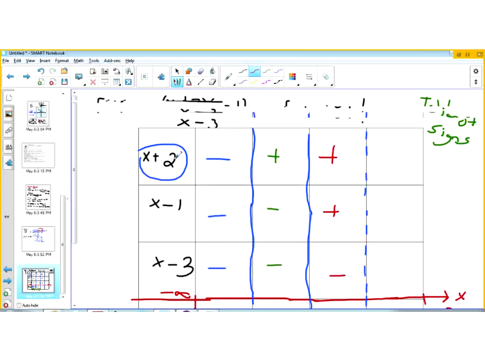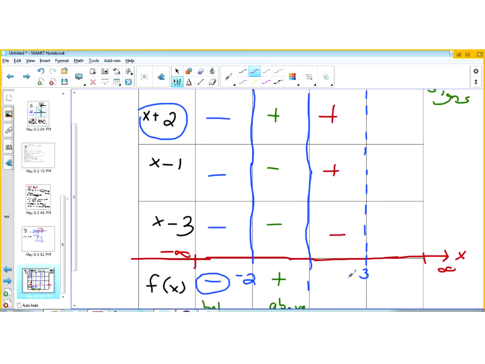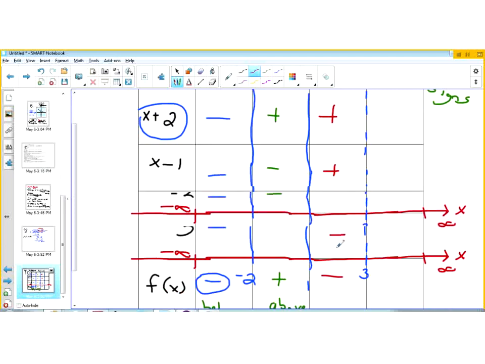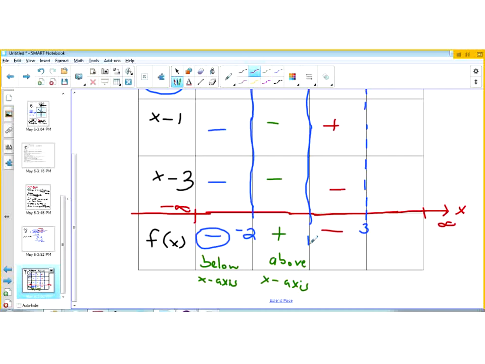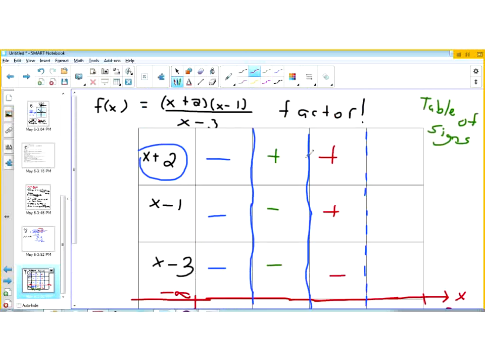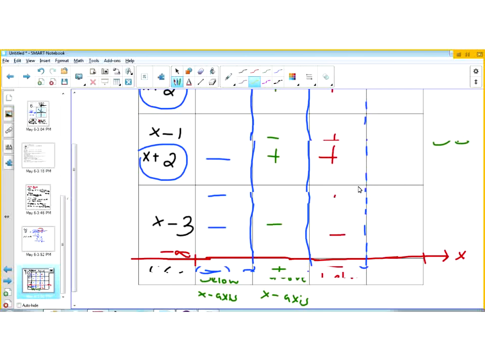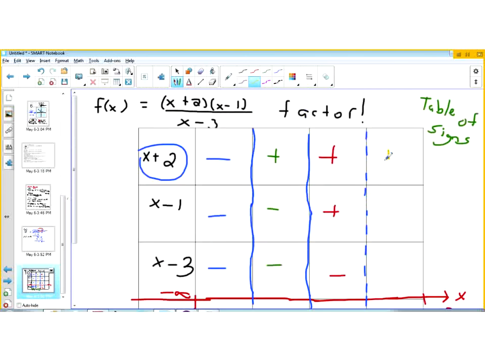What this is telling us is if you choose a number between 1 and 3, plug it into f of x, you will have a product of 2 positive numbers divided by a negative number, and that is always negative. And so on this interval from 1 to 3, f of x is below the x-axis. And so your drawing had better demonstrate that.